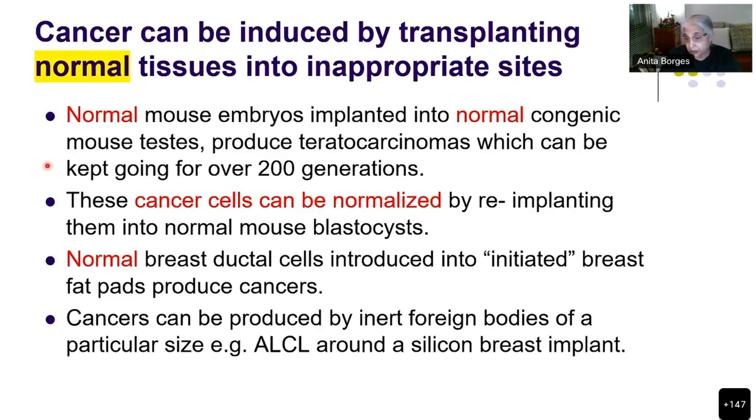And people are seriously wondering whether silicone breast implants should be removed in patients who have them, because it is not anecdotal that anaplastic large cell lymphoma occurs at the site of a silicone breast implant.